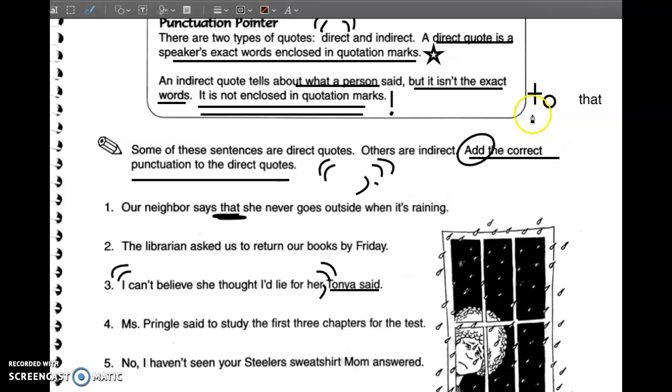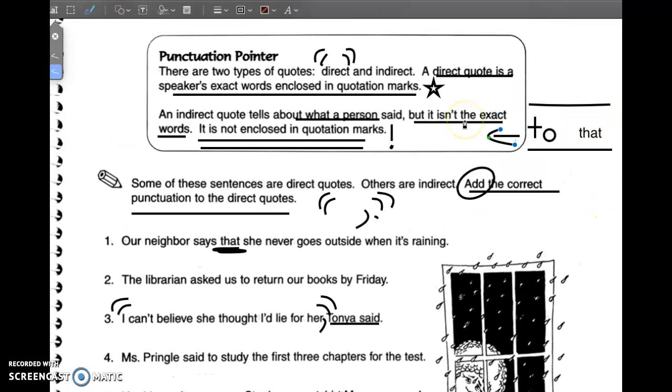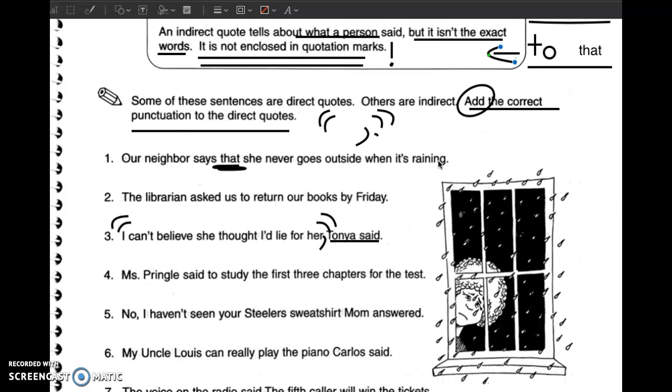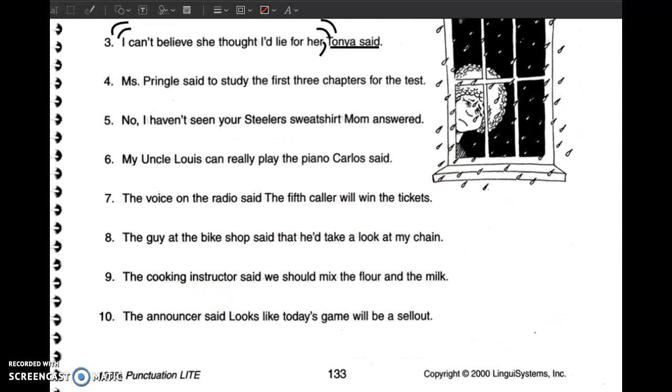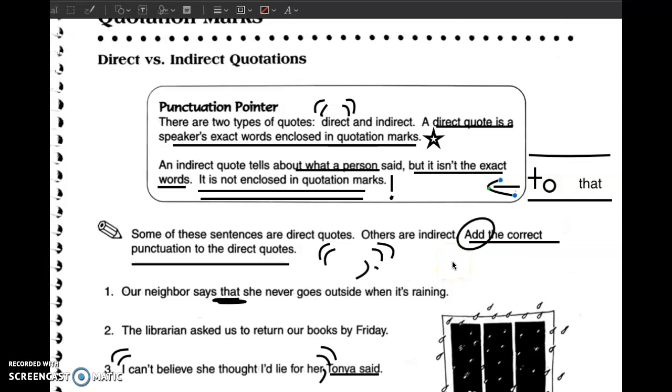If in your sentence you have the words to or that when it's describing what somebody said, like asked us to or said that, then this is most likely going to be an indirect quote, okay? So feel free to add that to your annotations up top. Okay, guys, go ahead and complete the rest of this worksheet, 4 through 10. Good luck, and show me what you can do.